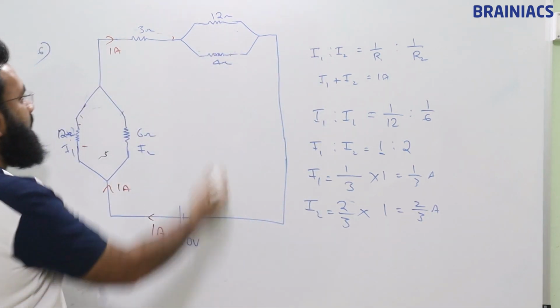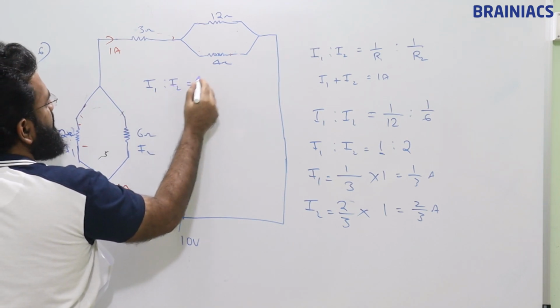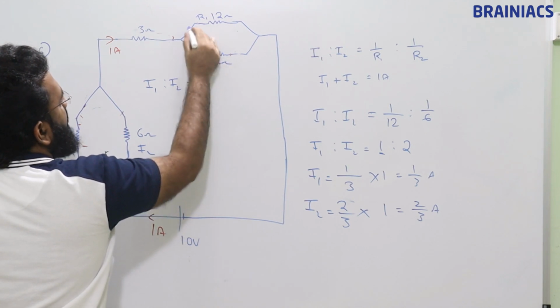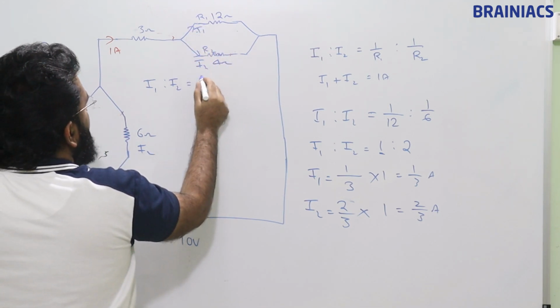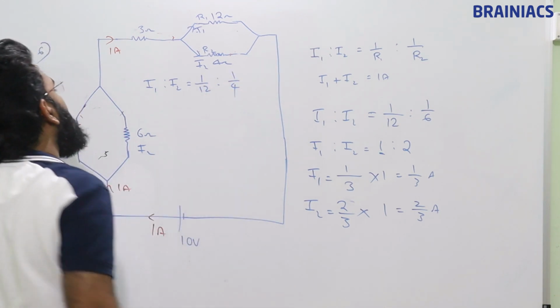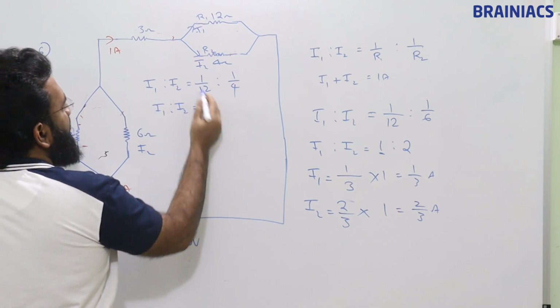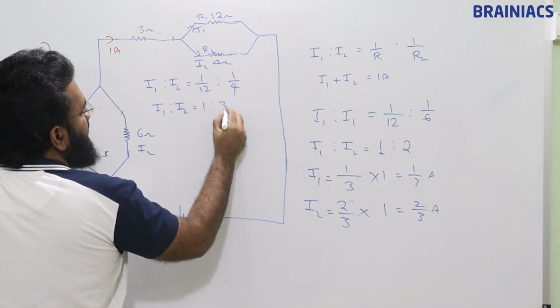Same way we can write. This one I1 is to I2. If this is R1, this is R2. I1, this is I2 if we take. Okay, so 1 by R1, 1 by 12 is to 1 by 4. So I1 is to I2 will become 12 by 12, 1. 12 we will multiply with the 12, we get 3.